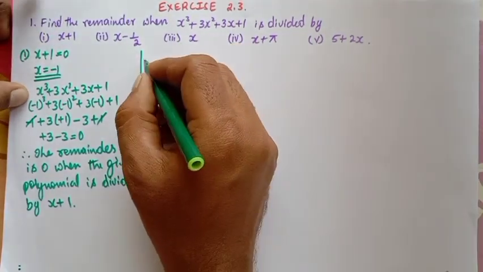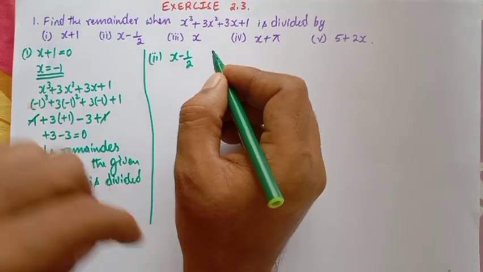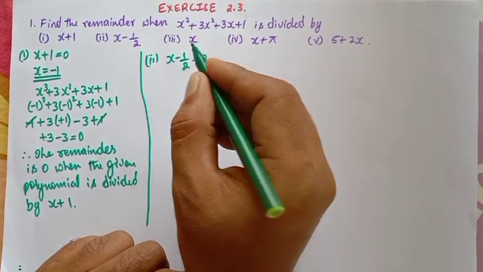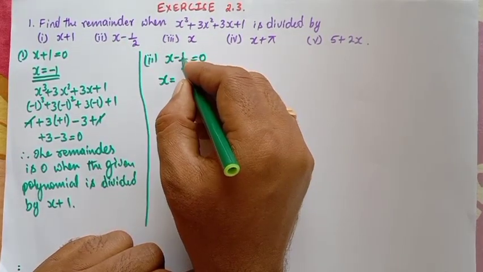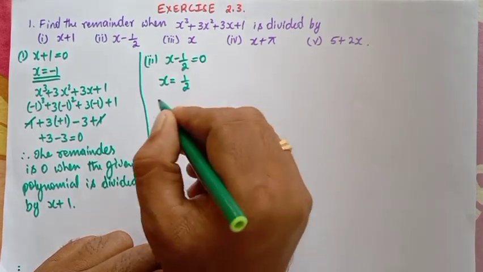Let us move on to the second case, x minus half. Let us take this equal to 0 to find the zero of this polynomial. So x is equal to, as minus half shifts to this side, it will be plus half. So it will be half.